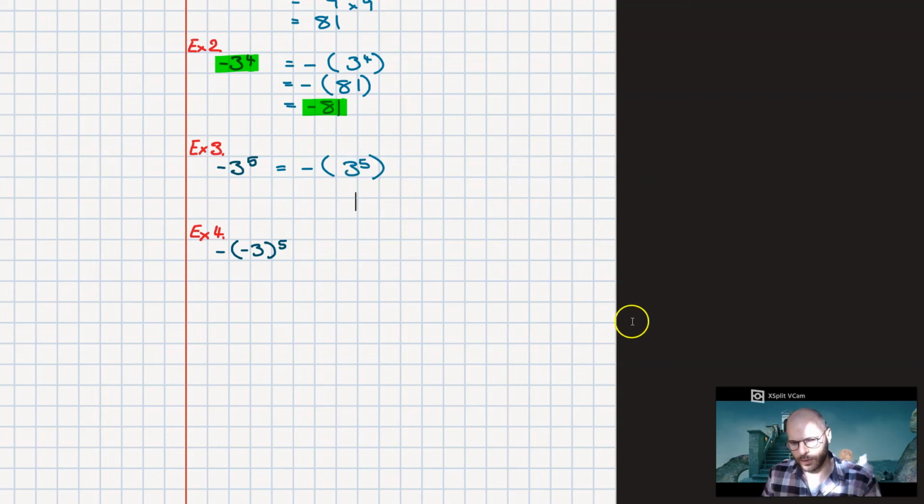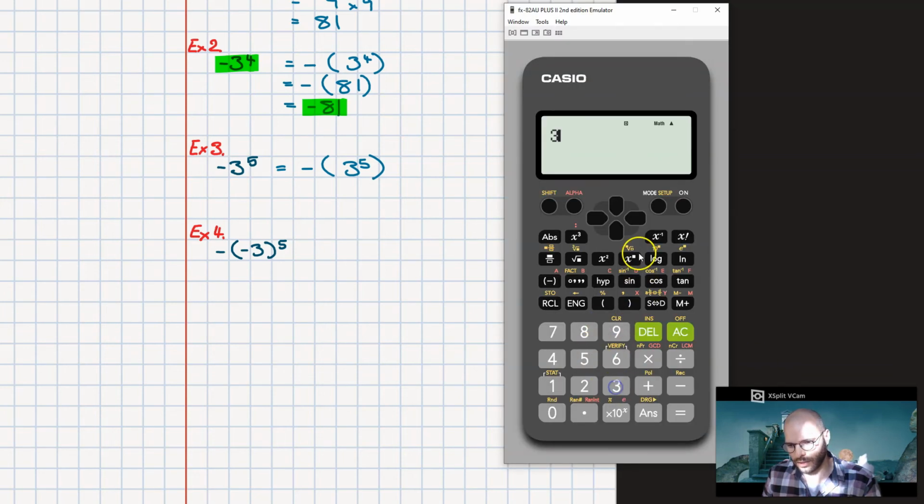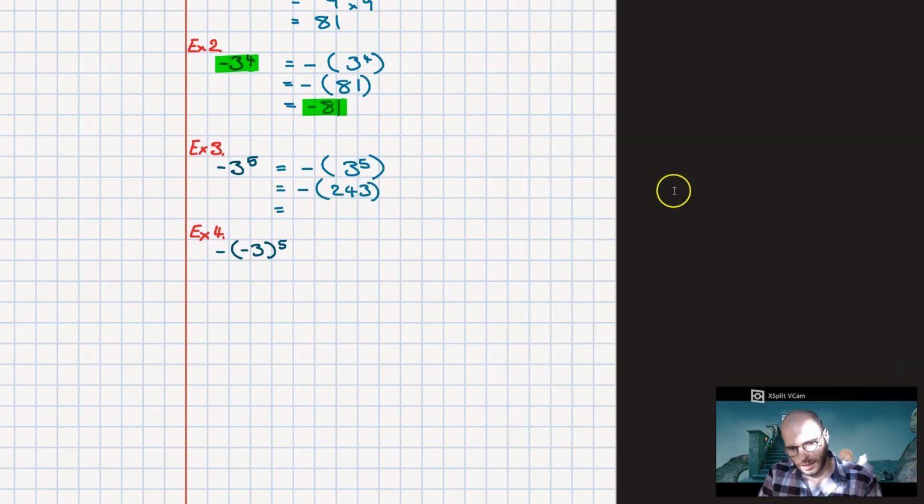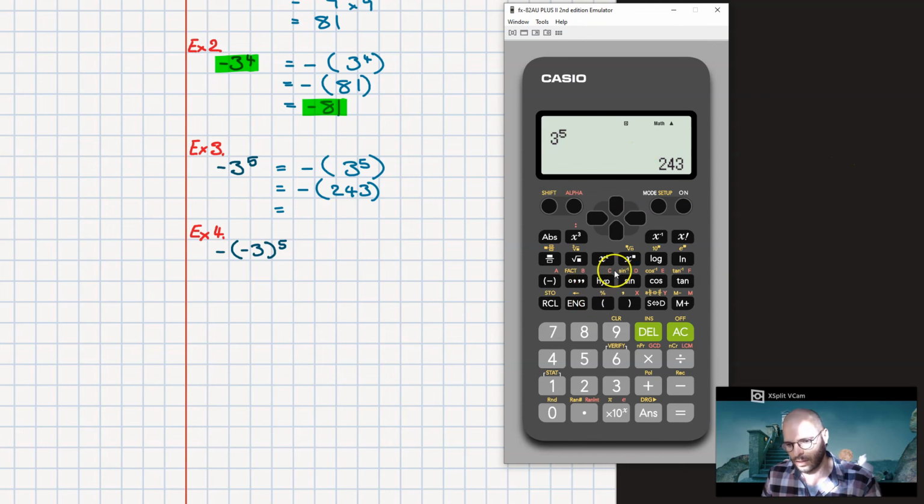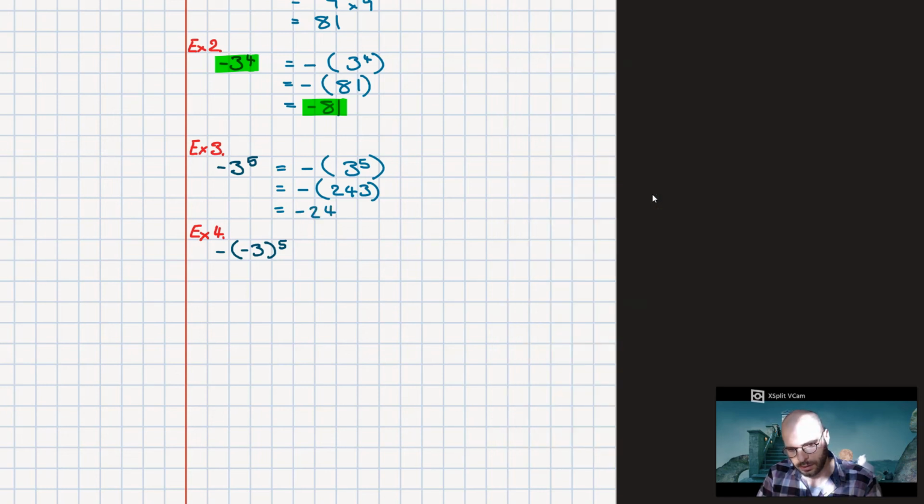I don't know 81 times 3 off the top of my head, so I'll pull the calculator out and go 3 to the power of 5, 243, and then just verifying to improve my calculator proficiency, I'll go minus 3 to the power of 5, and lo and behold, minus 243. Exactly what we were expecting.